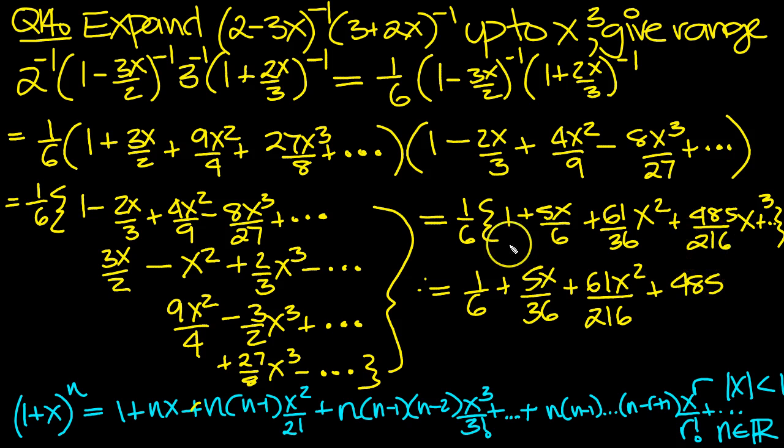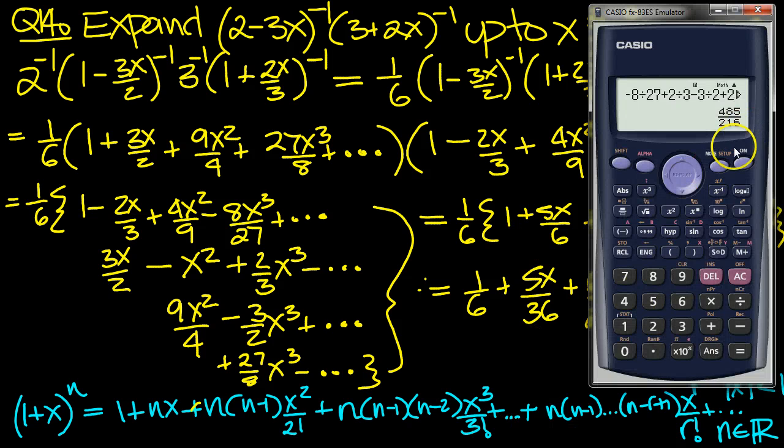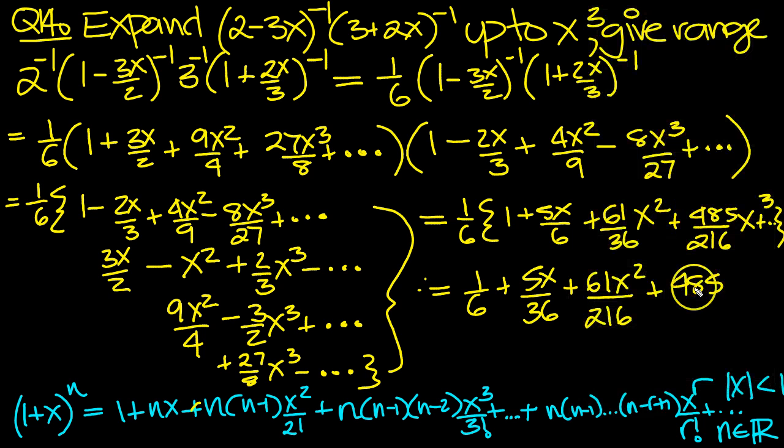Yeah, 485 over 216 divided by 6. We've got it in the calculator, so let's just divide that by 6. 485, oh there we are, over 1296. 485 over 1296, it didn't divide by 6 or 3, x cubed, plus dot dot dot. So there's the series.